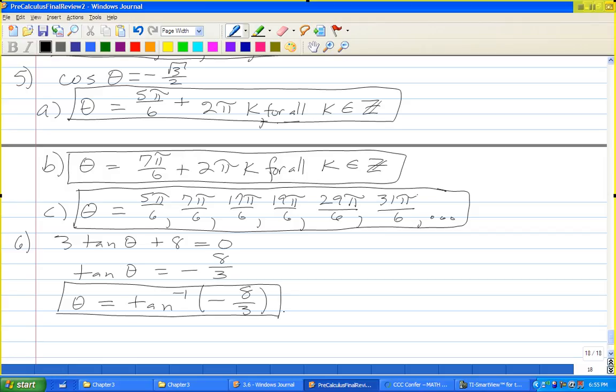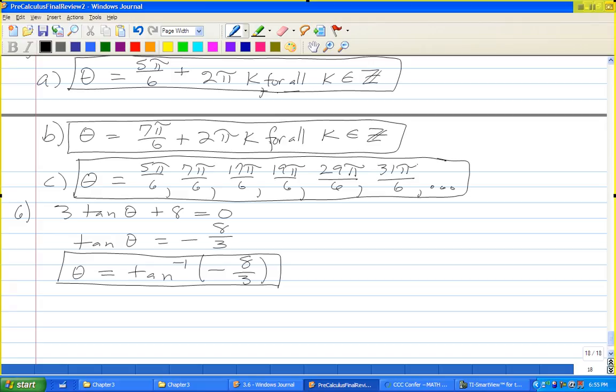Okay, so let's do that in 0 to 2 pi. So tangent looks something like this.